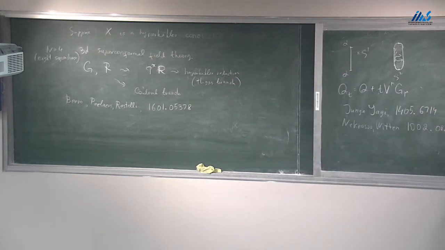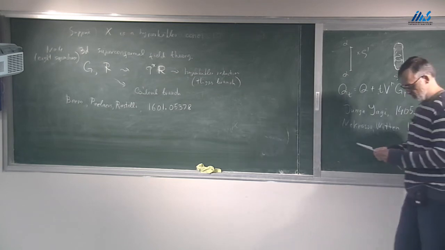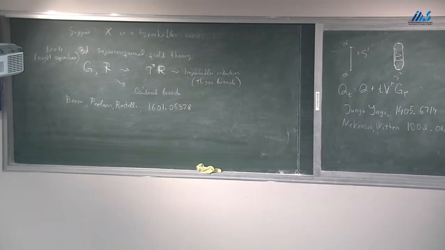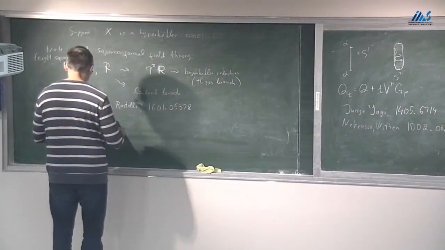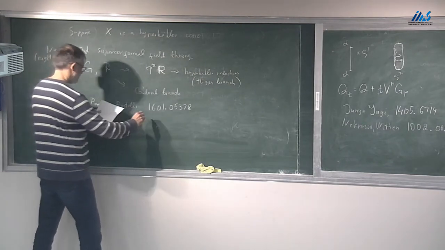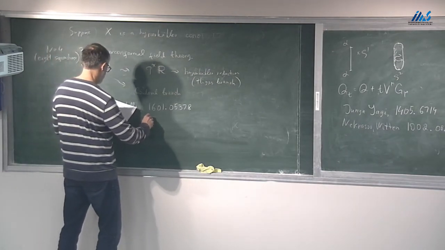Then they set up the formalism and computed some cases, determined simply by symmetries, more or less. And then there are two follow-up papers, more recent, by other authors, which actually proposed ways to compute this. I won't write them down, but here are the numbers.